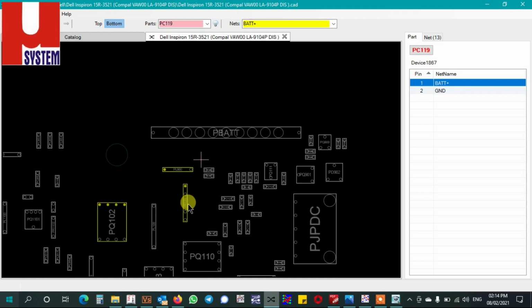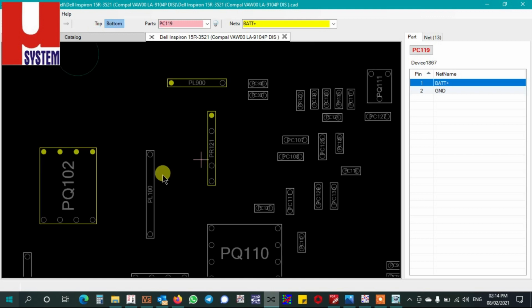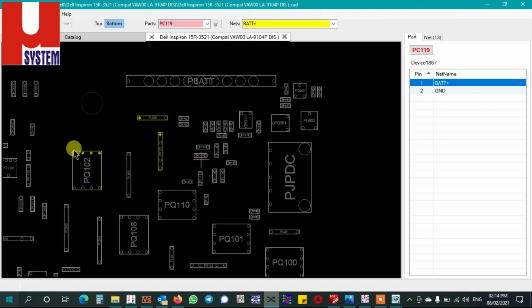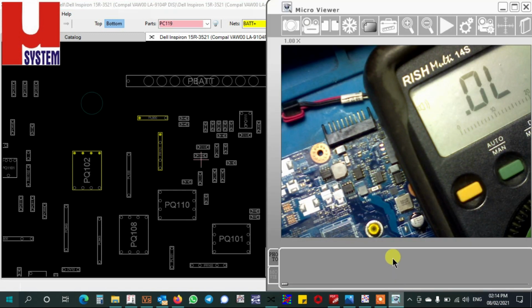When we are checking with this point PL 100, we are able to see it's connected with some MOSFET and a resistor, which I have shown in the picture. Over here, we are getting this resistor. This is the resistor, which is located over here.